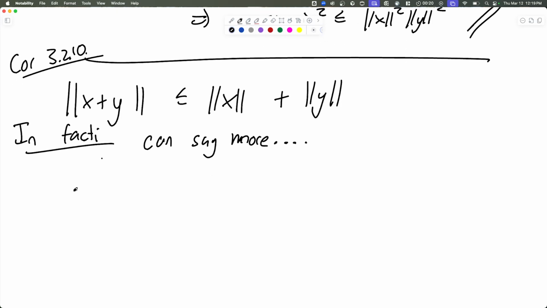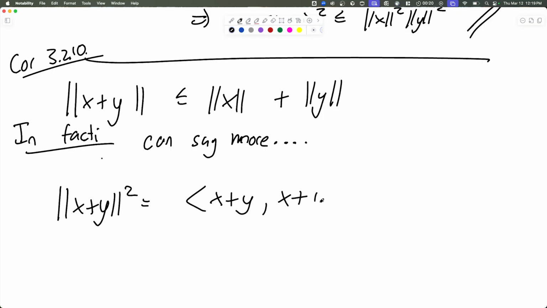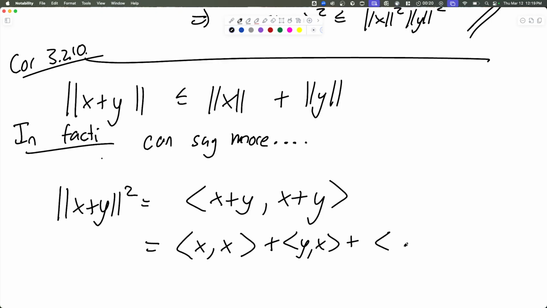What's the norm of x plus y squared? It is equal to the inner product of x plus y with x plus y. You should get used to this: every time you see a norm, you write it out as the inner product of the thing with itself, and then you can expand this out. So this is <x,x> plus <y,x> plus <x,y> plus <y,y>, just like we did before.